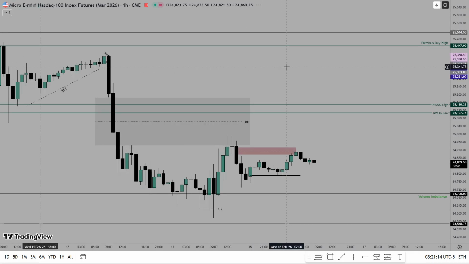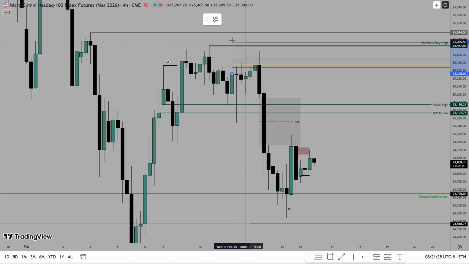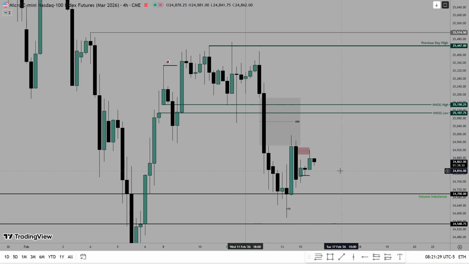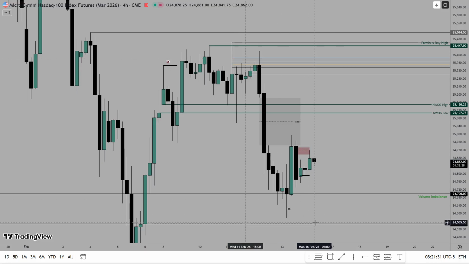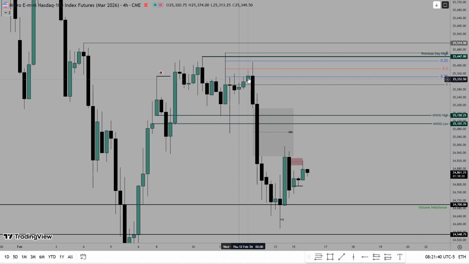Now come to the 4-hour chart. It took out this swing high, okay, and respected this premium market. It's important. Look at here, how price respected the consequent encroachment of this premium week of this candle.